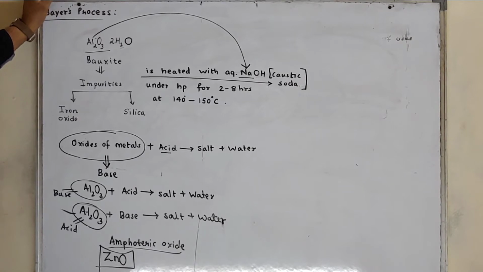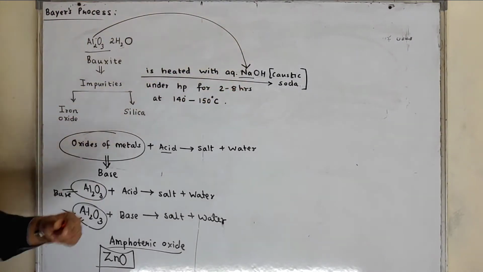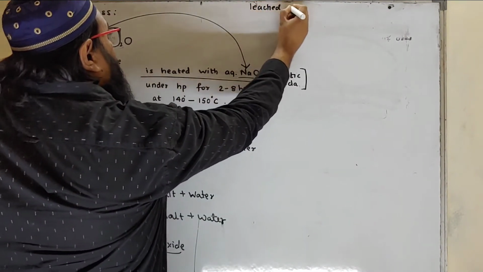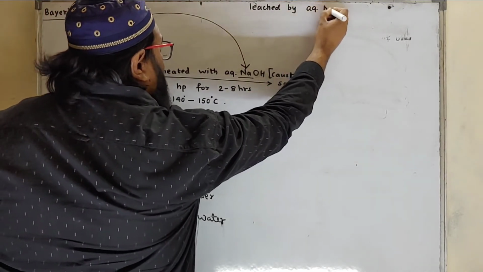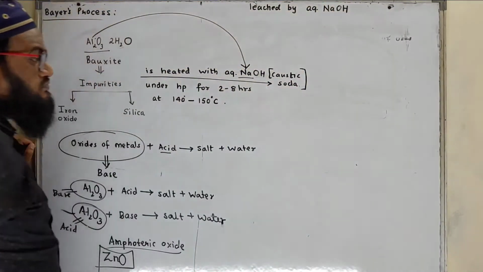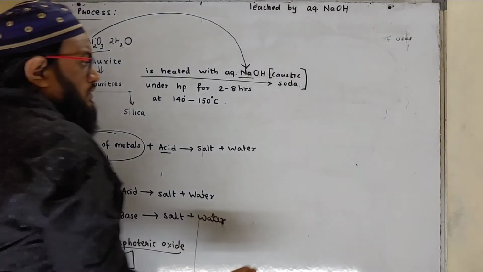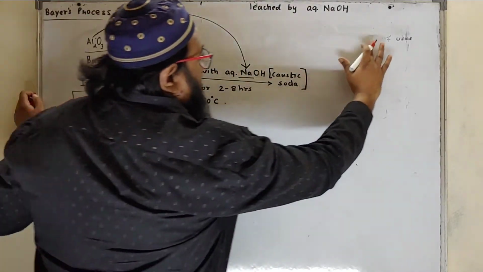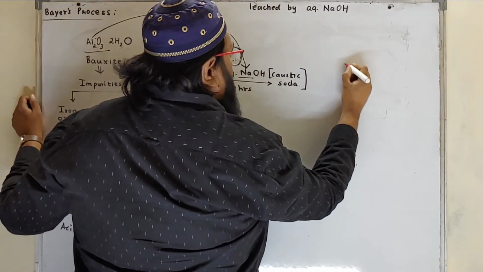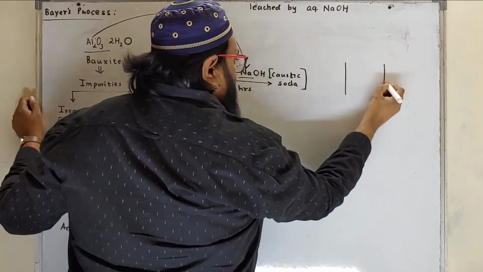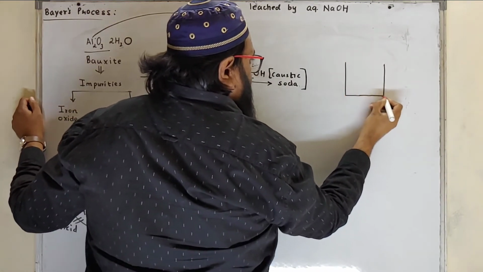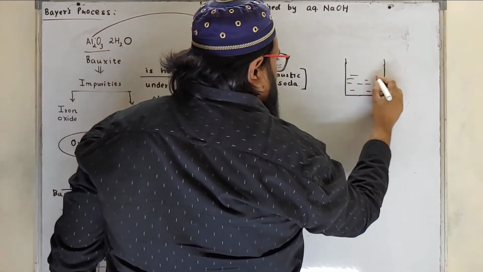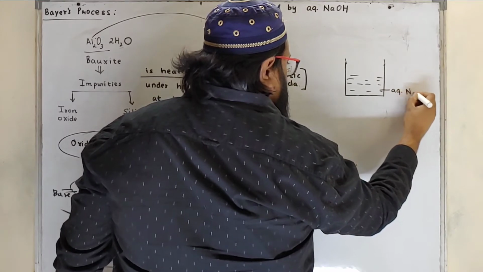That means aluminium oxide is leached by aqueous sodium hydroxide, that is caustic soda. A large steel tank consists of aqueous sodium hydroxide.